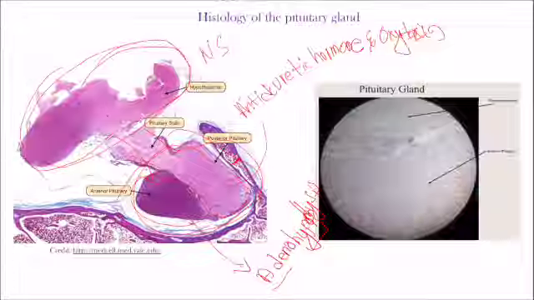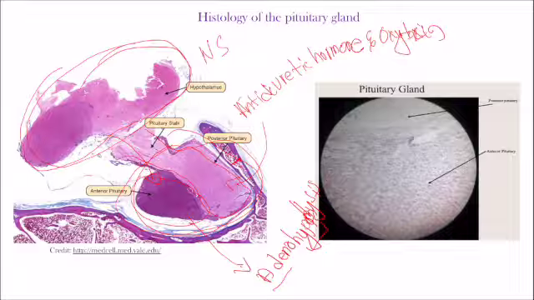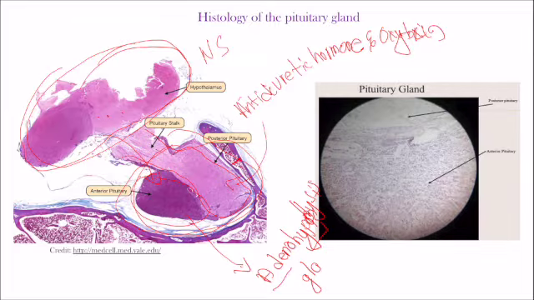This anterior pituitary tissue is actually glandular tissue, epithelial tissue, a gland.